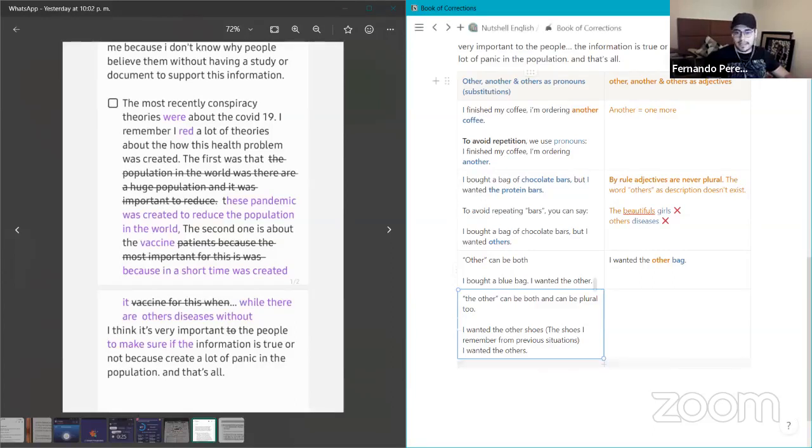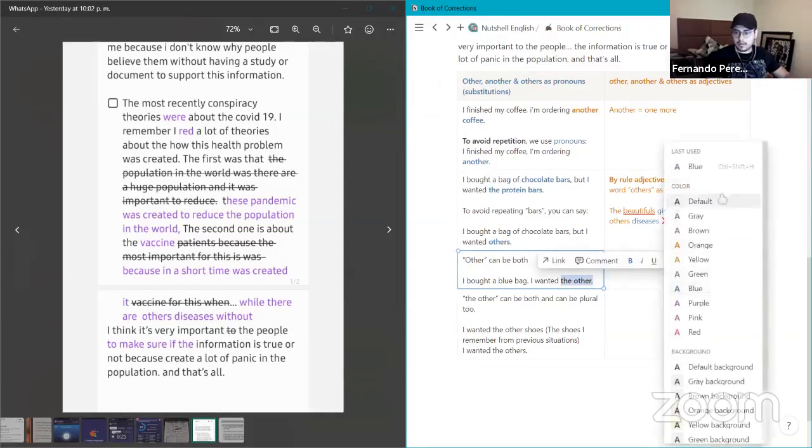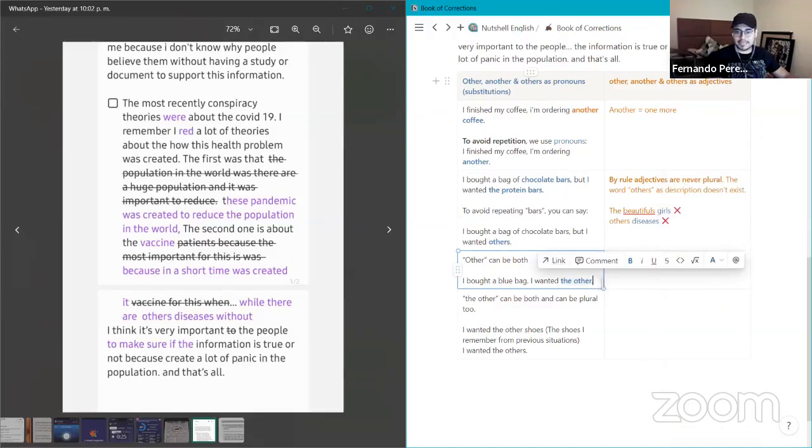In the first case, the word other, we are not talking about any specific bag.